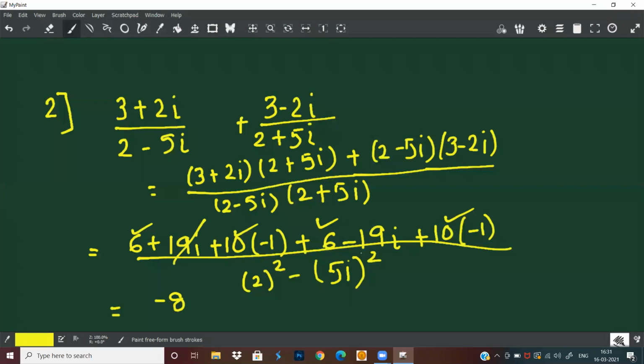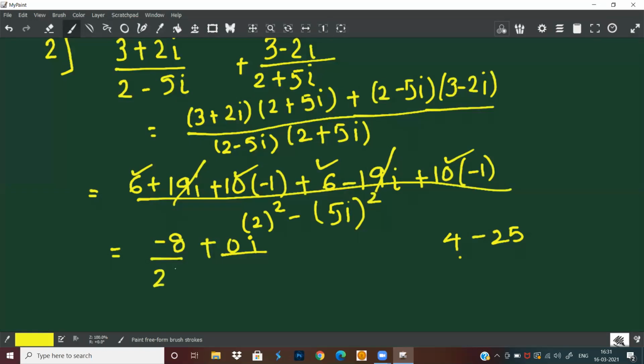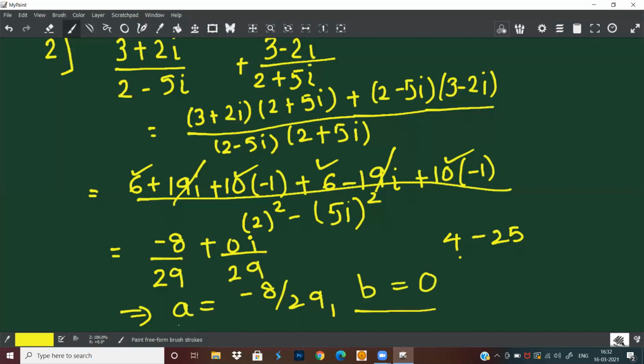And 19i will cancel with minus 19i. Plus it is going to be 0i upon 2 square is 4, minus 5 square is 25, I square is minus 1. So it's going to be 29. So this upon 29, this upon 29. That gives you the value of A as minus 8 by 29. Value of B is 0. Check your answer.